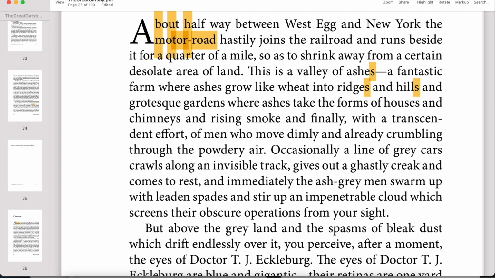It lets you know what is going to happen to the verb. The motor road hastily joins. And I pick up on that. Now, I don't have to highlight motor road. I could literally just highlight joins, runs, and then I make that confirmation, okay, motor road, and then I keep going. So these are just a few things that you can do.